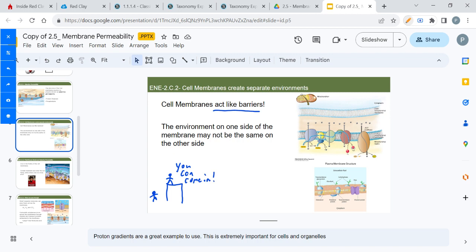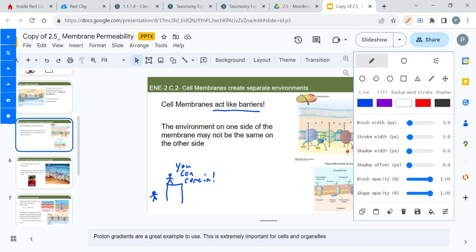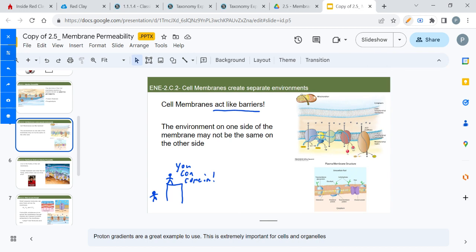But if it's some kind of invader, like a little barbarian, you say, you can't come in, and we're not going to allow them to go in. So the idea is that it acts like a barrier that allows certain things in and certain things out. That's selective permeability.